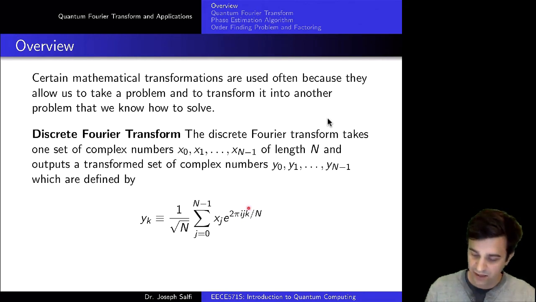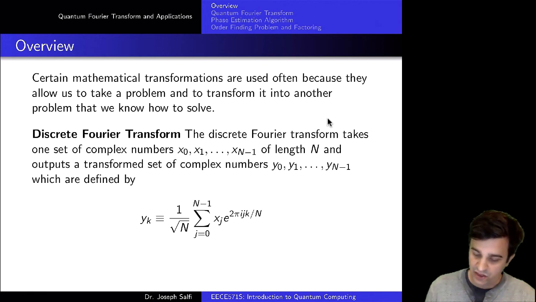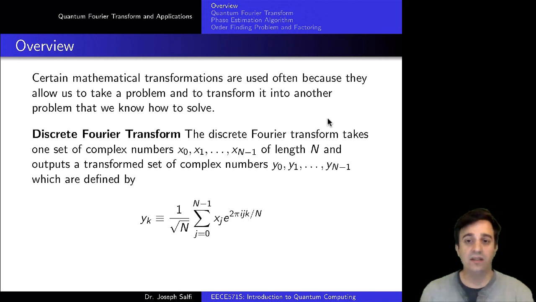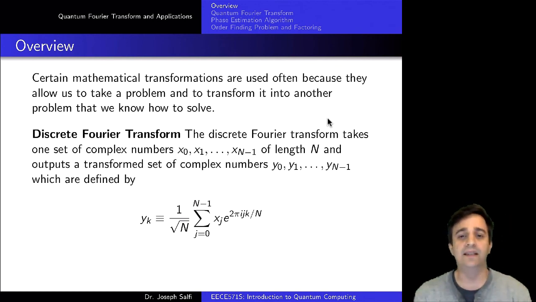So here k is the index of y, j is the index being summed over for the input data, and i is just the square root of -1. And we divide this phase by n, which is the number of entries in the sequence.